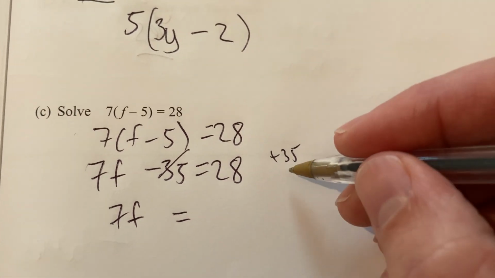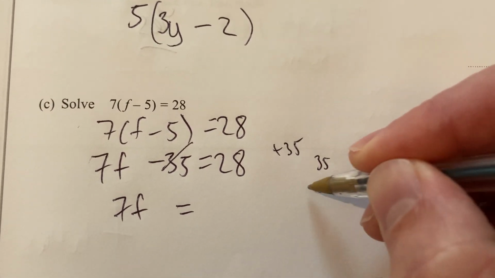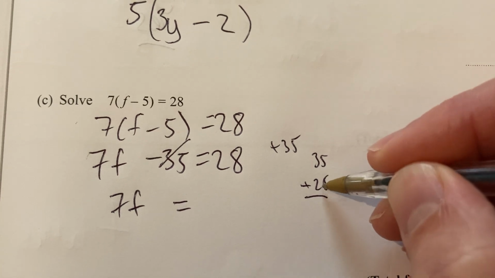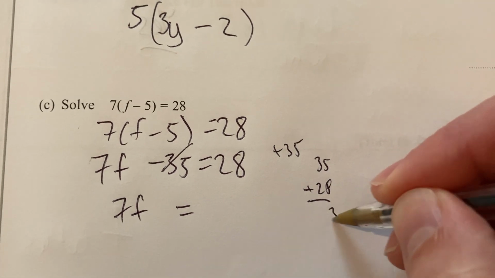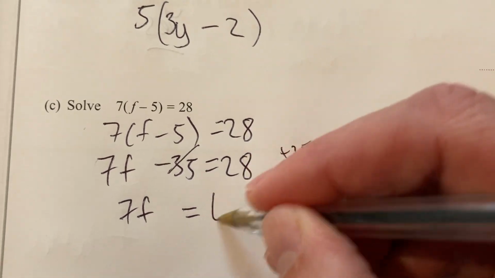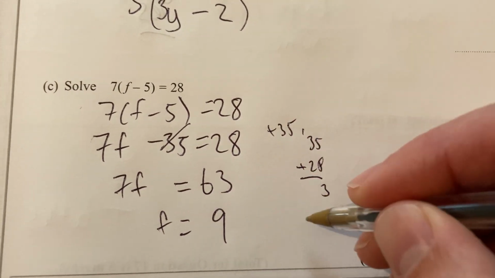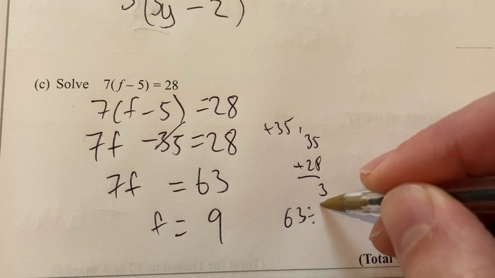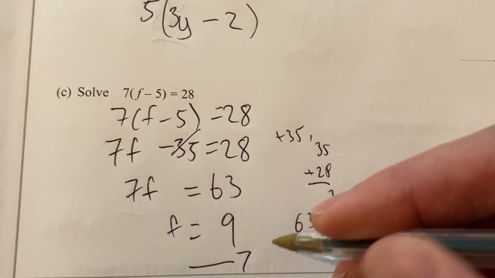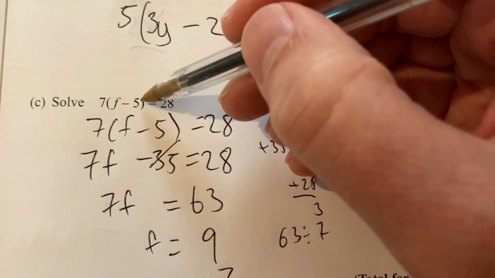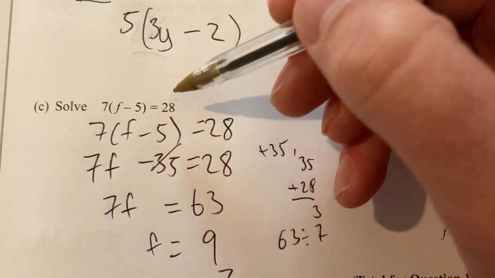And so 28 plus 35 is, 3, carry the 1, is 63. And then 63 divided by 7 is 9. Okay, so I get an answer of 9. I can check that. 9 minus 5 is 4. 4 times 7 is 28.